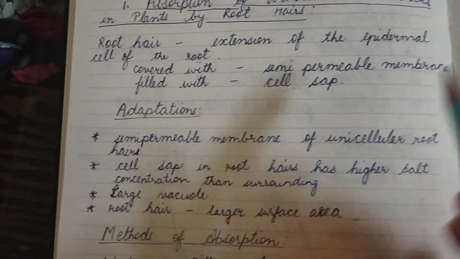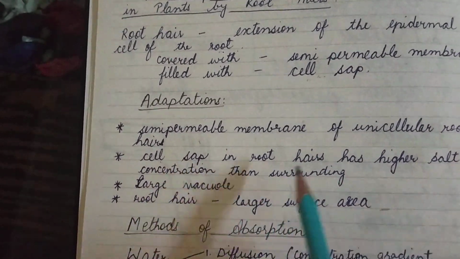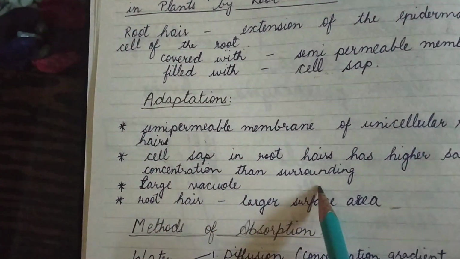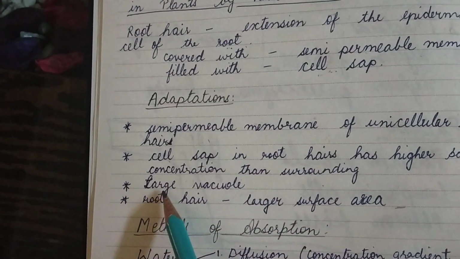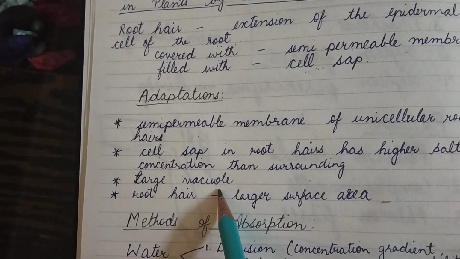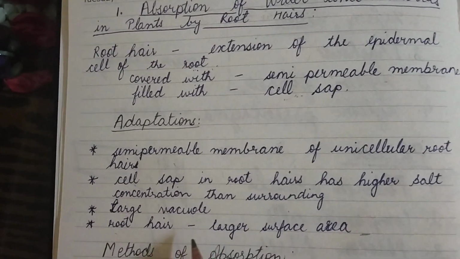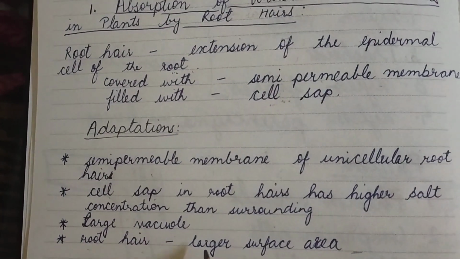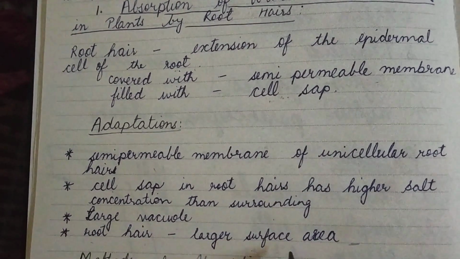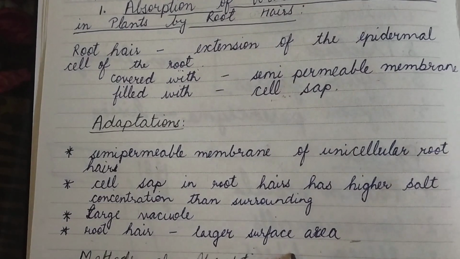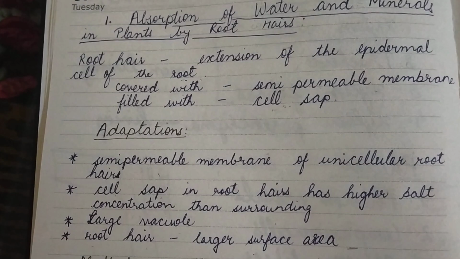The cell sap which I have already shown you here has high concentration as compared to the surrounding soil. Then it has a large vacuole, which means the cell sap will be more. Then the root hairs, as they are very fine, serve for a larger surface area. The larger the surface area, the better the absorption.